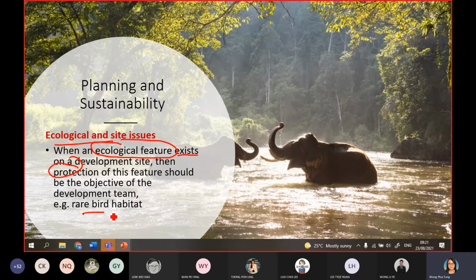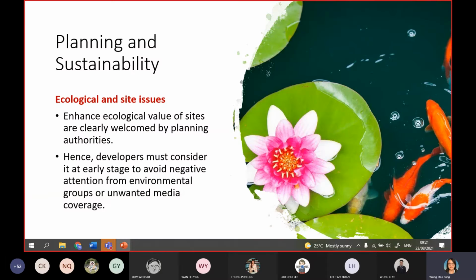Say, for example, if they found out a very rare bird habitat or very rare species, the flora and fauna, then the developer has to think about it. Should they protect? Should they destroy the feature? But of course, protection should be the main objective. Okay? Enhanced ecological value is clearly welcomed by the planning authority.